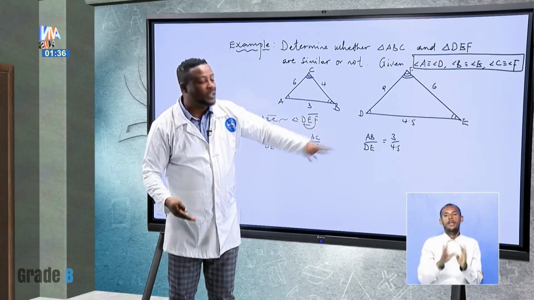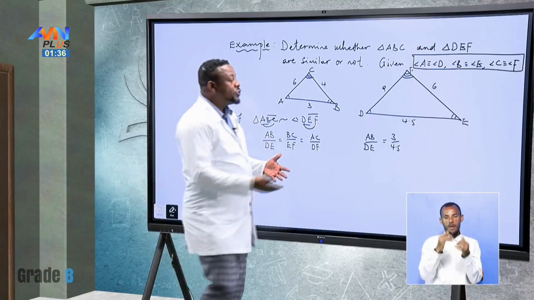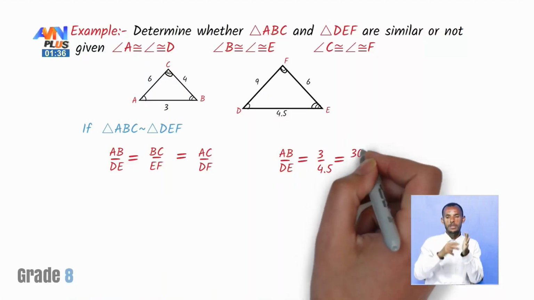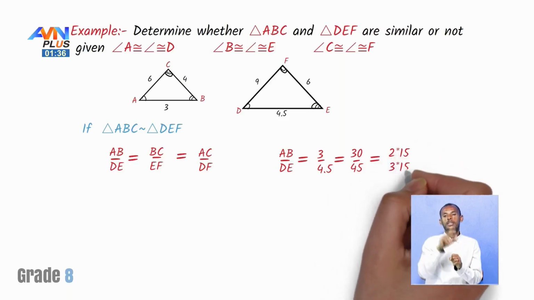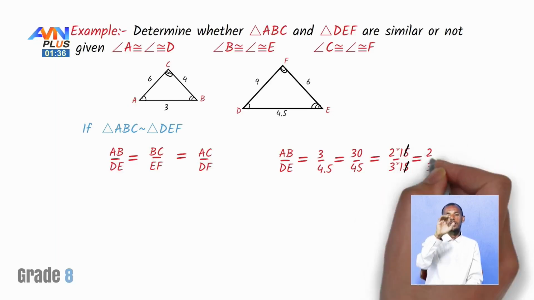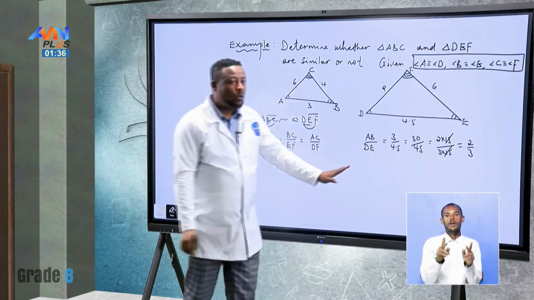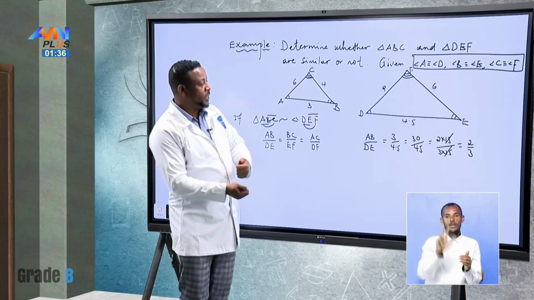So let us rewrite this in a more simplified form so that we can easily compare the ratios. 3 over 4.5 is the same as 30 over 45, right? And you can write 30 as a product of 2 times 15, and 45 as a product of 3 times 15. So this simplifies to 2 over 3. Now we have AB over DE is 2 over 3.